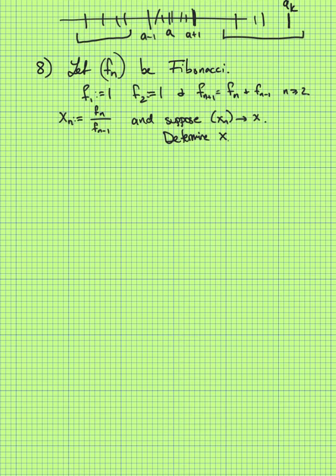So what we want to write is that we know that the limit of the x_n's is the same as the limit of the x_{n+1}'s, which is x. So now we just try to write this down, and you want to write down x_{n+1} in terms of x_n, and then solve for x.